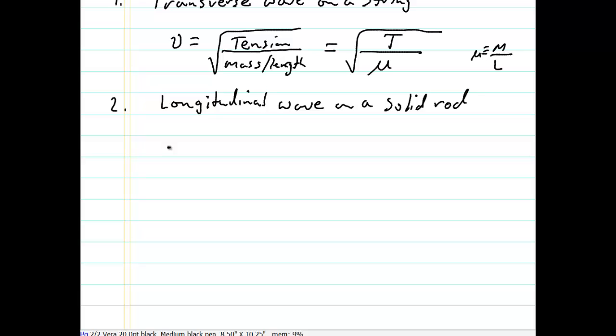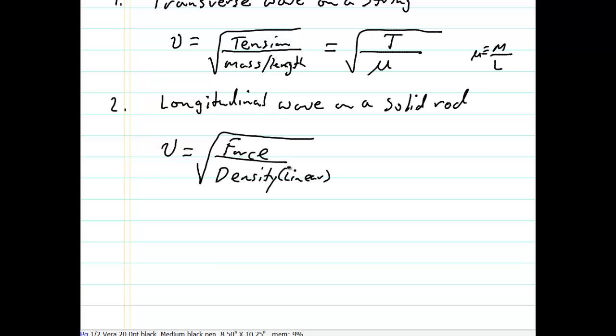So in this case, we again have v, and for the square root, we have force divided by density. Now, different books will use different things. By this, I really should say linear density. This is a one-dimensional example. So what we're talking about is the square root of F for force, divided by, depending on the book, rho or lambda, but it is linear density.